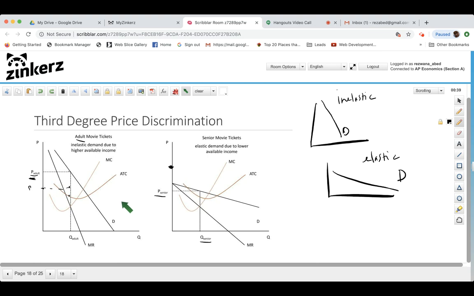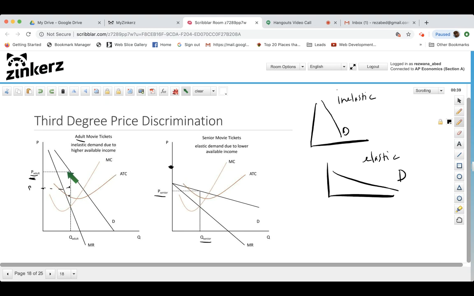Yes. Okay, so it wouldn't be beneficial for this monopoly to do that. They shouldn't charge the adult price to seniors, and they shouldn't charge the senior price to adults. By charging two different groups two different prices, they're essentially able to charge each group their maximum willingness to pay.